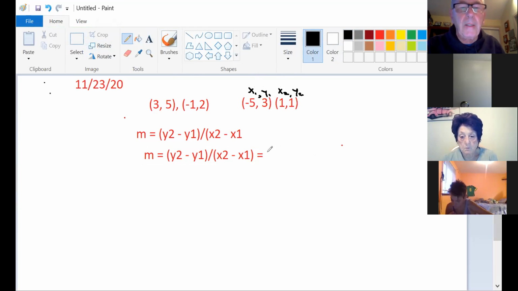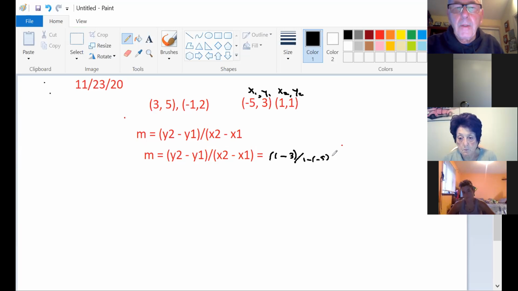Then I plug them in. y2 is 1, so it's 1 minus y1, which is 3, all divided by x2, which is 1, minus a minus 5. So it's minus 2 on top. This becomes a plus, so it becomes 6 on the bottom. This is down to 1/3. So that's your slope. That makes sense?